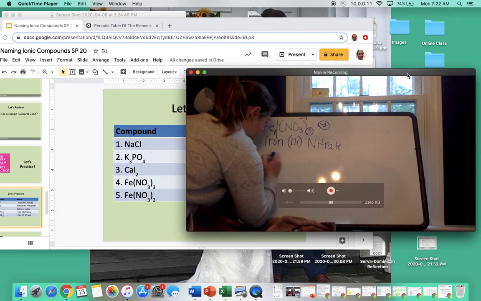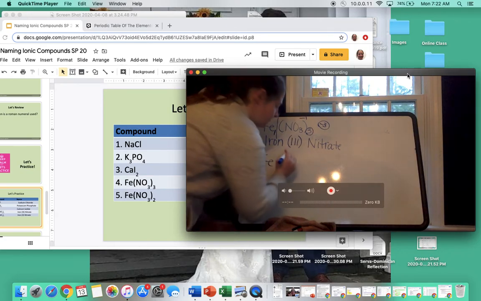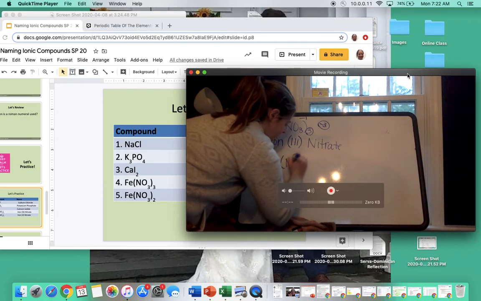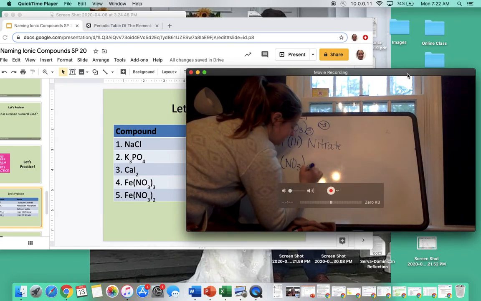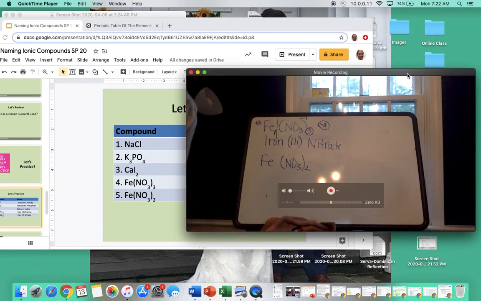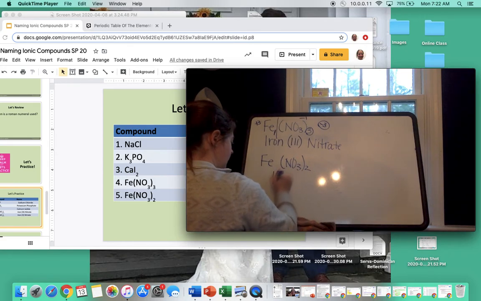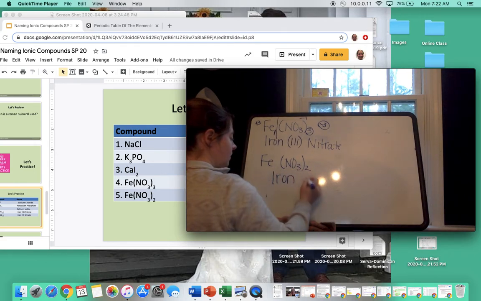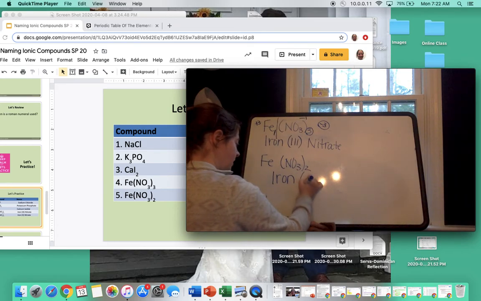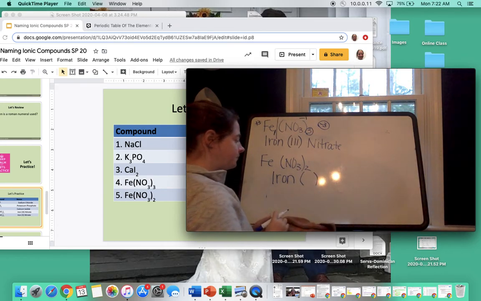This one is very similar. It is still Fe. It is still NO3, but this time it has a subscript of 2. Okay? We know that iron is a transition metal, so we're going to go ahead and write iron. We know it's going to get parentheses.